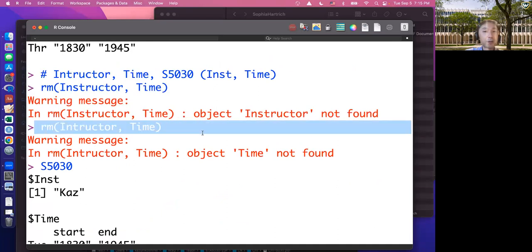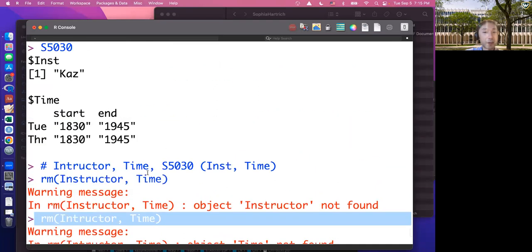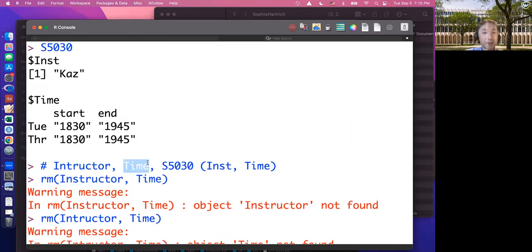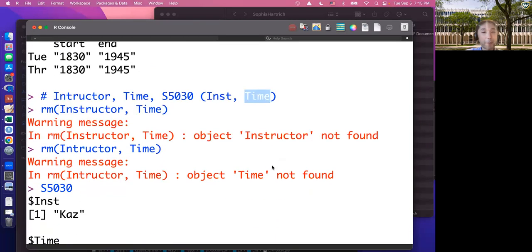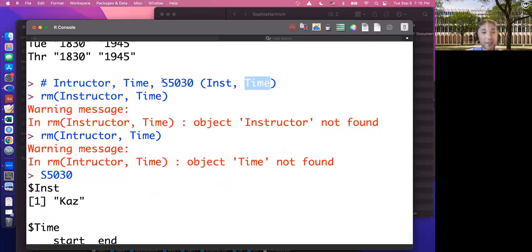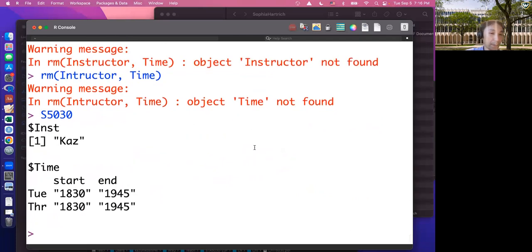If we don't remove these two objects, we are sometimes confused with this time and this time. So usually it's a good custom to delete these after you have created this list.